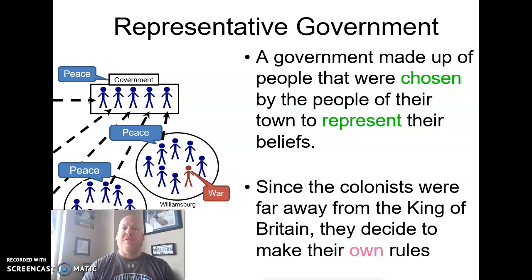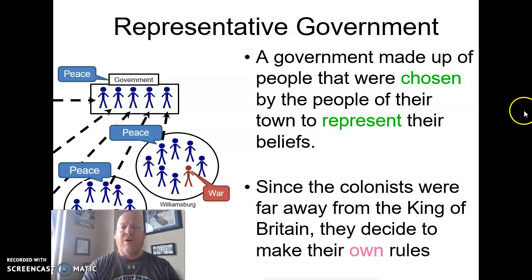That's where we turn to representative government, because we can take large numbers of people and allow them to be represented by a much smaller group who will voice their opinions and concerns, have discussions, and then develop our governments as we would like them to see.